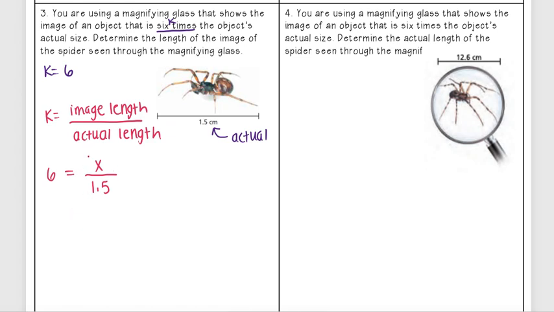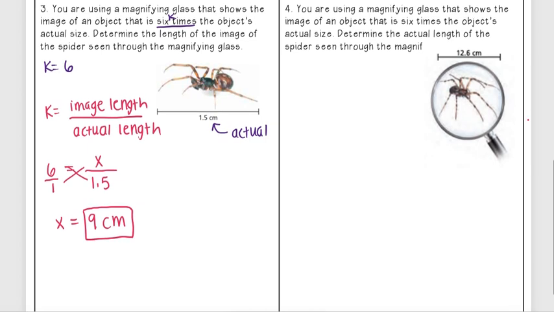And now when you have something like this, you can do something called cross multiplication. So I can put a 1 underneath my 6, and then I can cross multiply. So I can do X times 1 to get X, 6 times 1.5 to get 9 centimeters. So through the magnifying glass, the size of the spider is 9 centimeters.